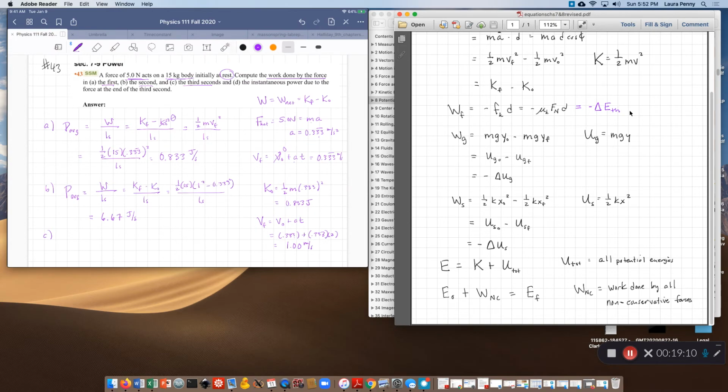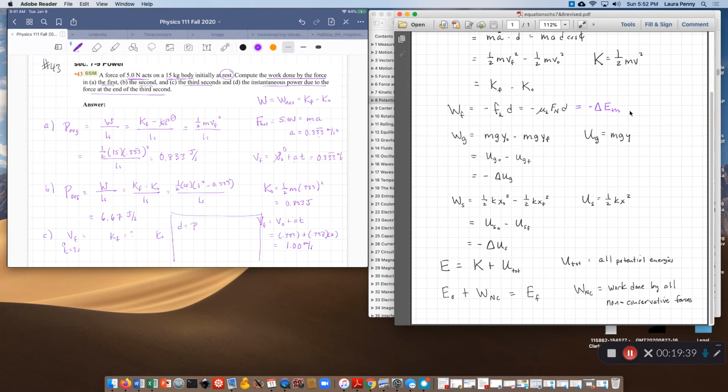I would do a similar thing for part C. Now I need to know what is the v final at t equals 3 seconds. Determine what the K final is. The K initial would have been using the 1 meter per second, and I would go through and get P average again. The instantaneous power due to the force at the end of the 3rd second, now that's actually the simpler thing to do.